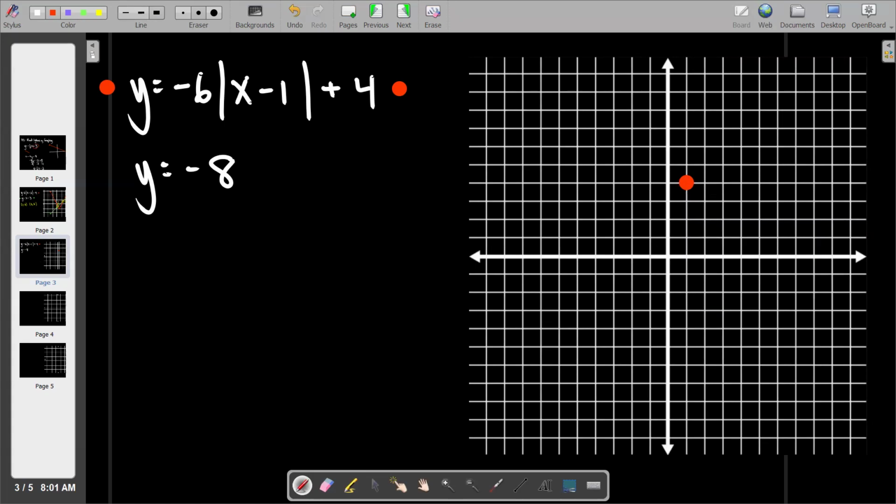The bottom line is I just understand that a slope of 6 is pretty significant. That means I'm going to go down 1, 2, 3, 4, 5, 6 for every one that I go out. That's what a slope of -6 means. And then I'm going to do it again: 1, 2, 3, 4, 5, 6, and then out 1. So that's just how you build it. And then as always, you put your ruler down and make the graph.